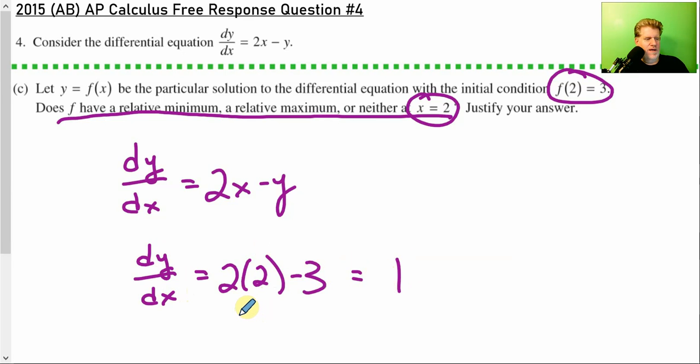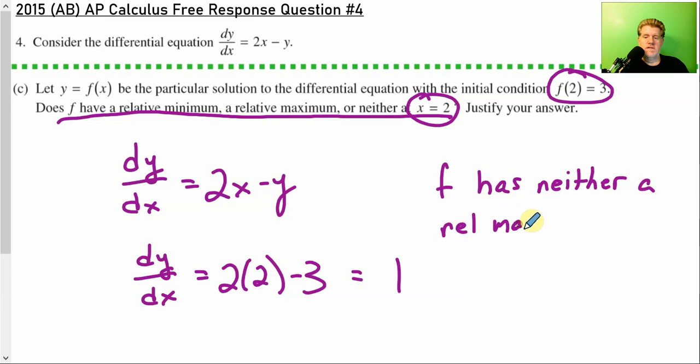Well, if it's 1, then it's not a critical number. At that point 2, 3, this function is increasing. So, easy to say is f has neither a relative max or a relative min at x equals 0.